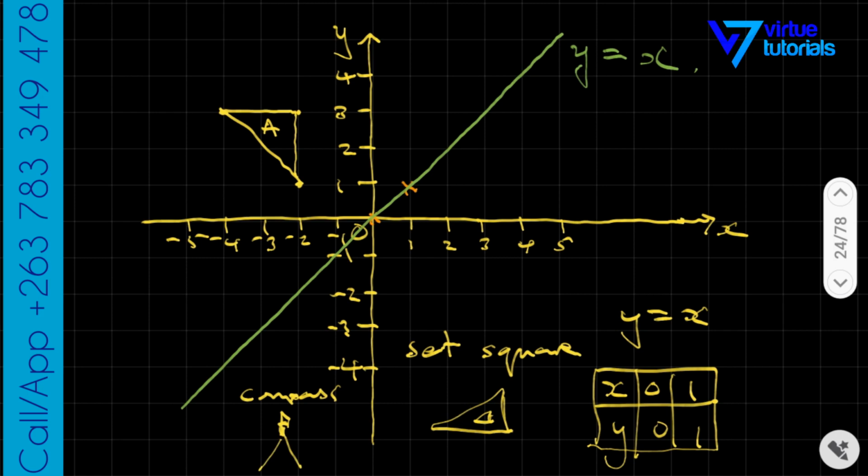So what you need to do is place your set square on this line here. If this is my line y is equal to x, you need to place your triangle like this, so that it sits like this. And this is the 90-degree angle. When you do this, you then use this to draw lines from all these corners of the original shape.